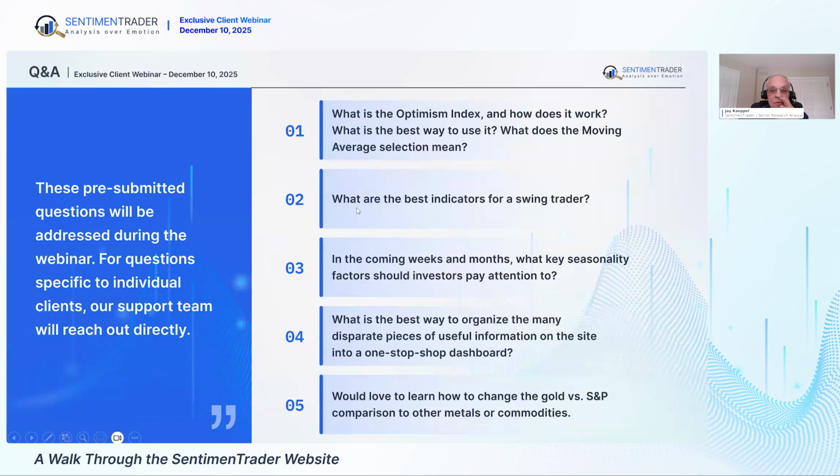What are the best indicators for a swing trader? I think I've given a lot of examples of that today. Basically, what I look for is oversold followed by a reversal. In other words, I don't want to try to pick the bottom. I don't want to catch the falling knife, so to speak. So I look at some of the indicators that I've mentioned today. There are a lot of them.